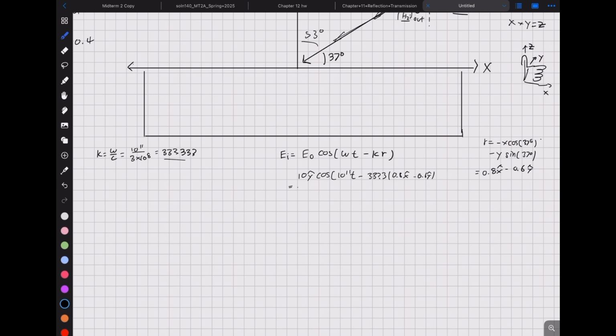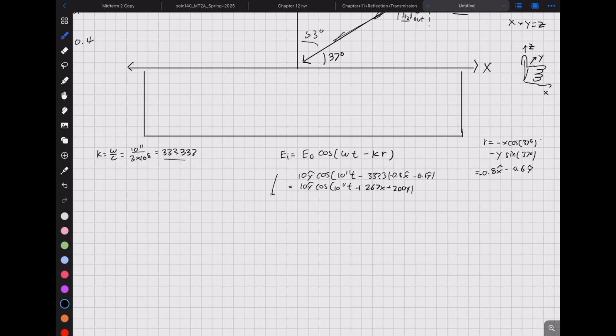And we put that all together, our E is going to be 10 y hat cosine of 10 to the 11 t plus 267 x, there's a negative there, plus 200 y. Don't forget there's a negative there. Okay, that's going to be our E of I.